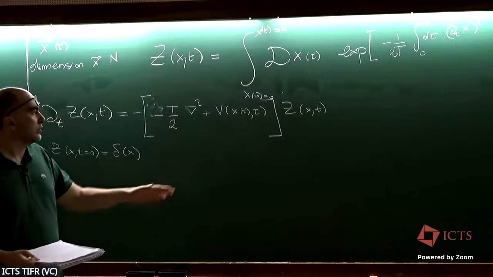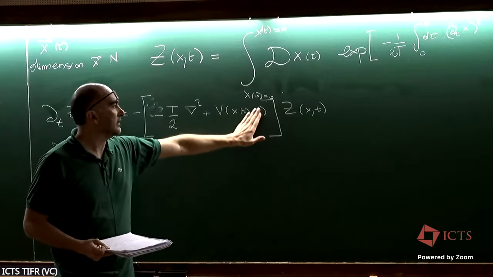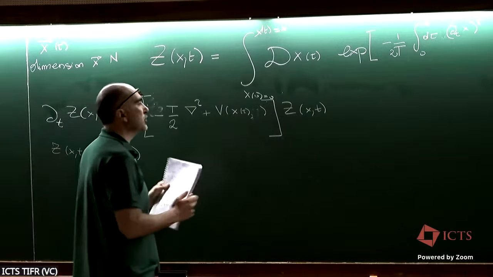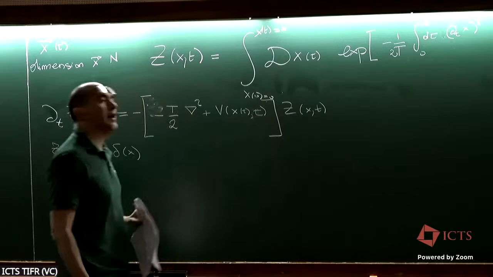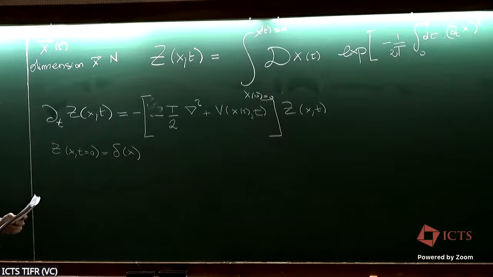We are used to potentials where it depends only on the position, but now we have the time, and so it's difficult to solve. If it was time independent, the solution would be easier, and this is what we will do today.